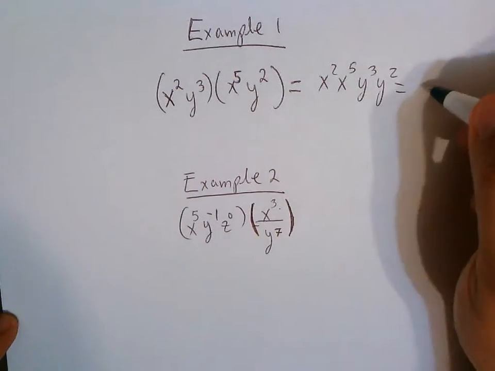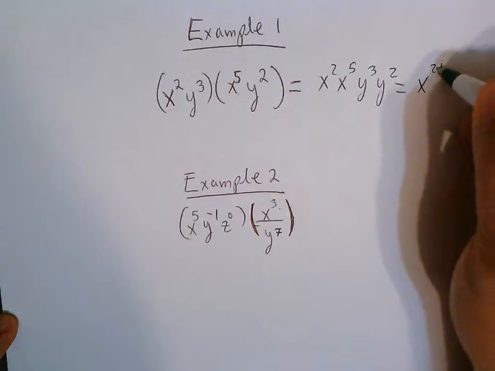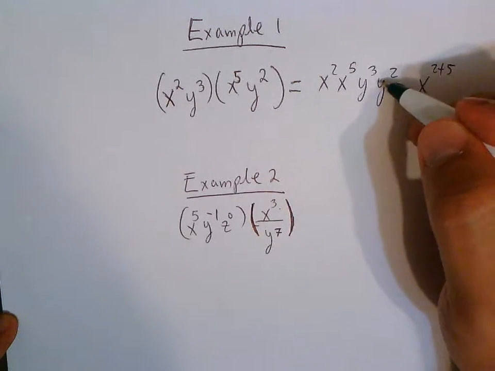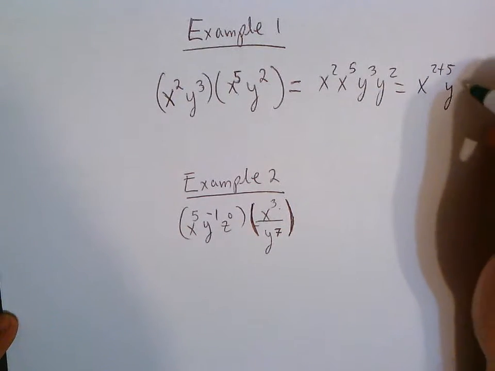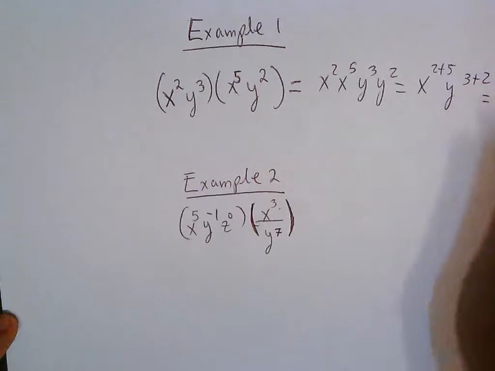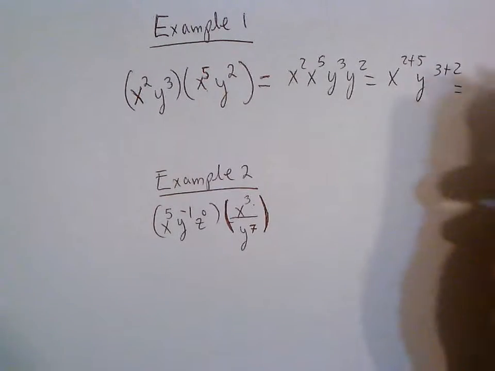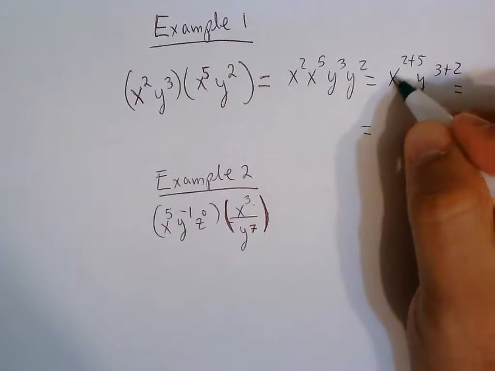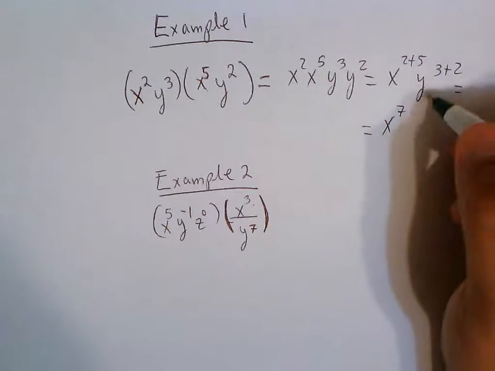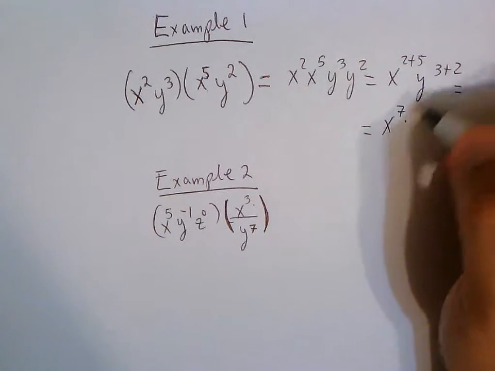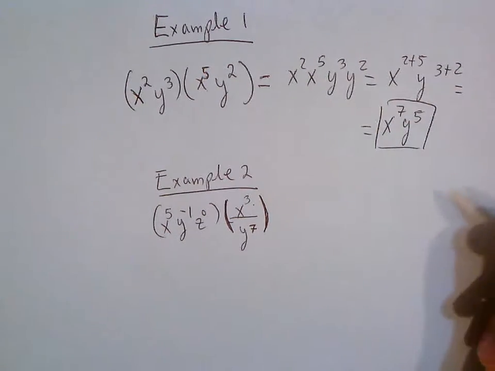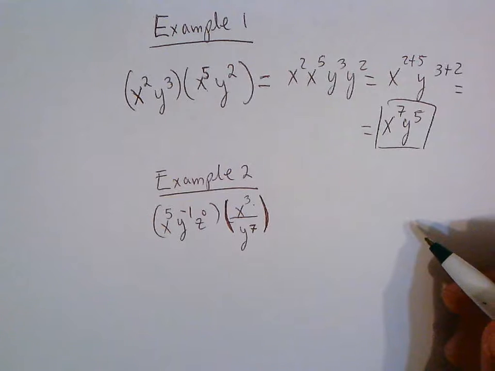So these can actually be written as x to the power of 2 plus 5, and y to the power of 3 times y to the power of 2 can be written as y to the power of 3 plus 2. Well, this just simplifies to x to the power of 2 plus 5 is just x to the power of 7, and y to the power of 3 plus 2 is just y to the power of 5. So that will simplify my answer.